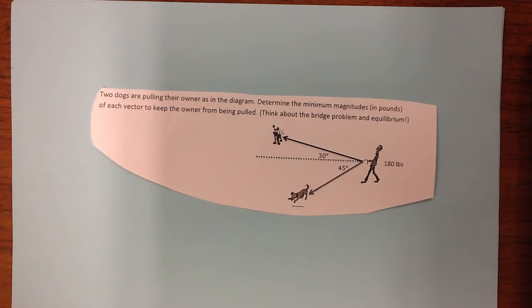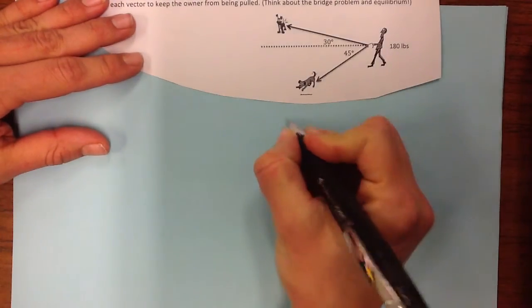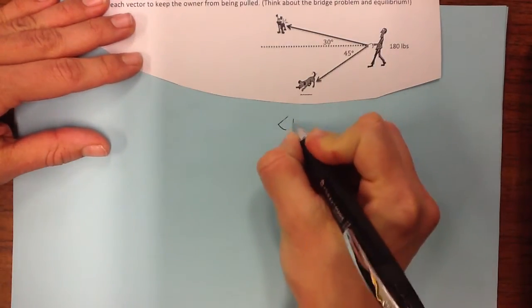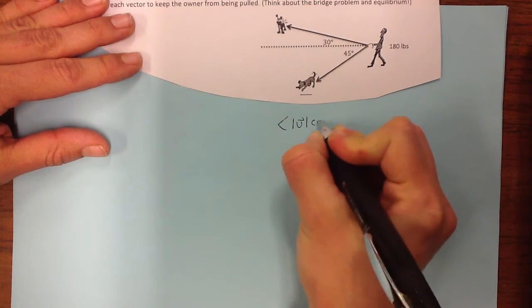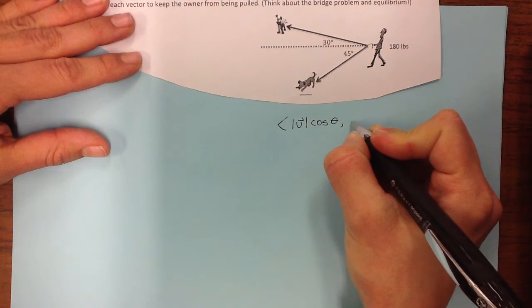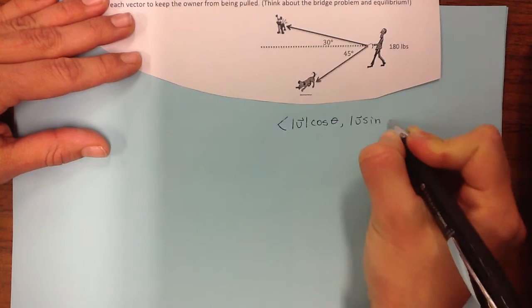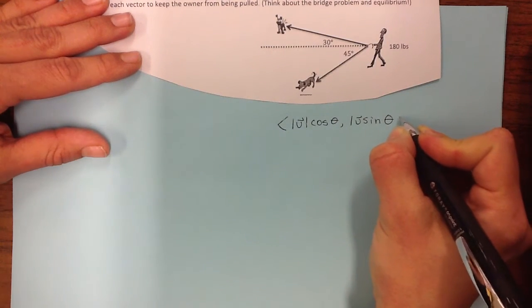So when we look at this problem, we need to recall the formulas for components of a vector. You take the magnitude times the cosine of your angle. That's the x component, and then the magnitude of the vector times the sine of the angle.